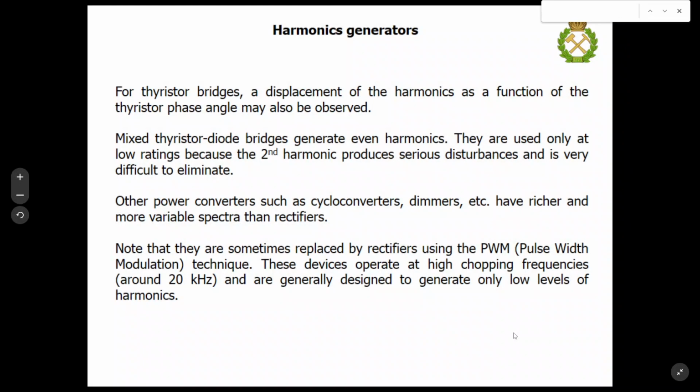And also we should consider some more complex power converters, which include mixed thyristor-diode bridges, which can generate even harmonics. And also we should consider cycloconverters, dimmers, and so on, which have richer and more variable spectra than common rectifiers as the main part of power converters.